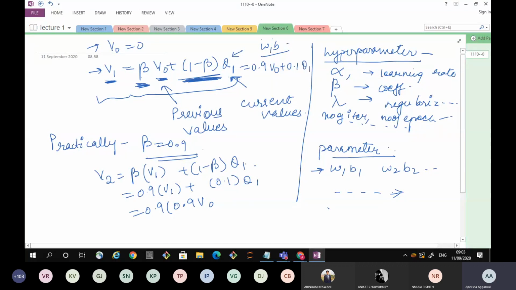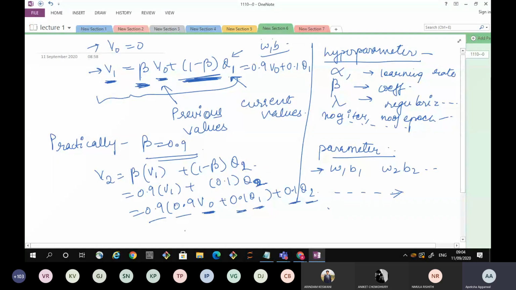Oh sorry, it is theta 2 over here. So we know that it is 0.9 times 0.9 V naught plus 0.9 times 0.1 theta 1 plus 0.1 theta 2.